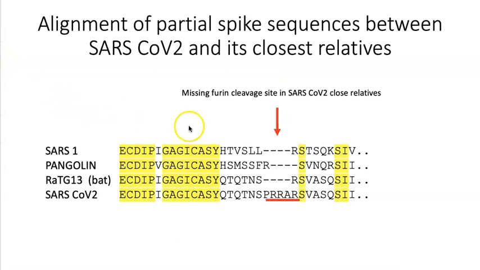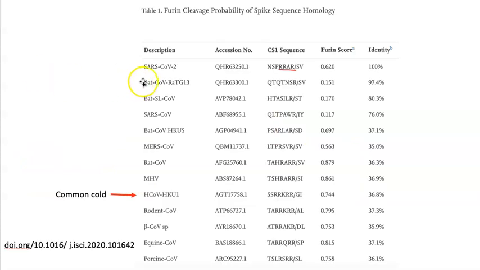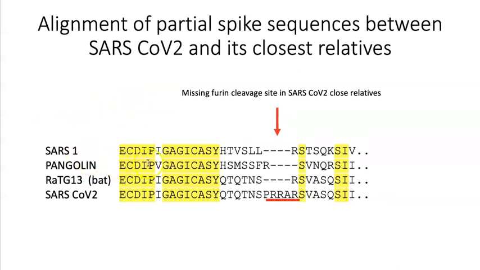And so if we look at the flanking amino acids around the Furin cleavage site, you can see that there's a fair amount of alignment here between some of these really closely related coronaviruses and SARS-CoV-2. I threw the pangolin in here, but here's SARS-1 and RaTG13 that appear on this table. But the pangolin virus is new to this. And again, just so you can see that there's a lot of similarity, at least in terms of the flanking regions immediately around the Furin site.